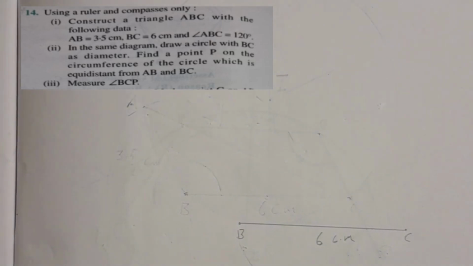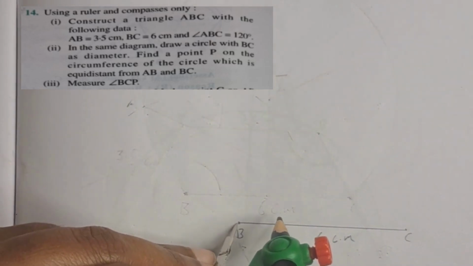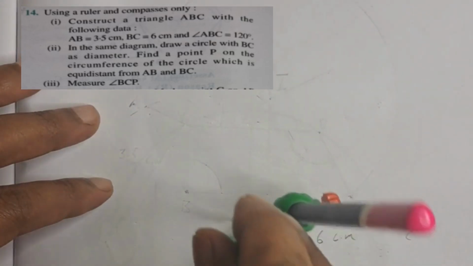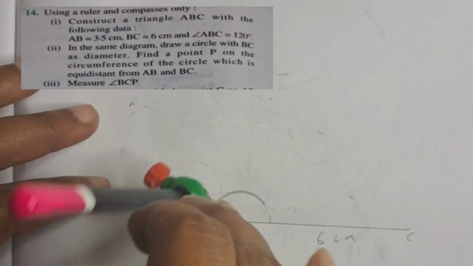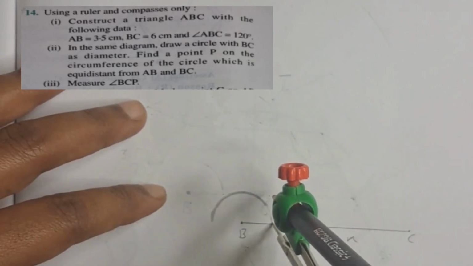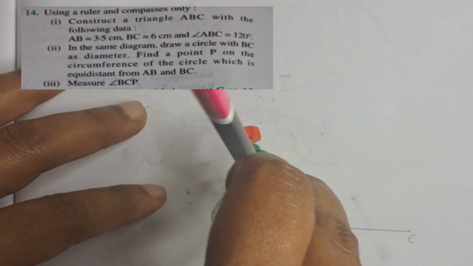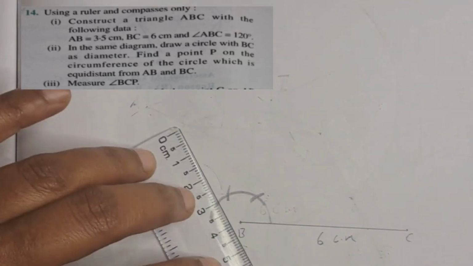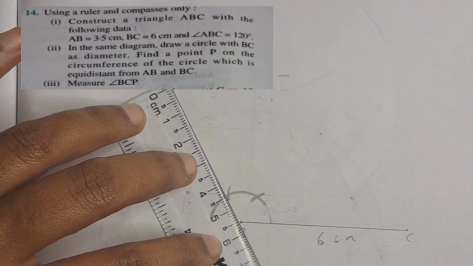Next, angle B equal to 120 degrees. From B we have to draw a 120 degrees angle. This is the 120 degrees angle.